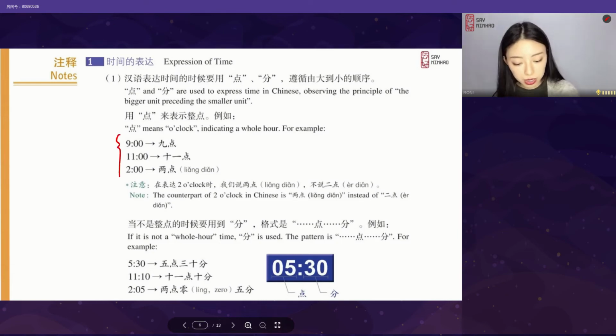So let's see some examples. First is about the hours. When it is a full hour, for example, first one is 9 o'clock. Then we will say 9点. Okay, next one, 11 o'clock, then it is 11点.